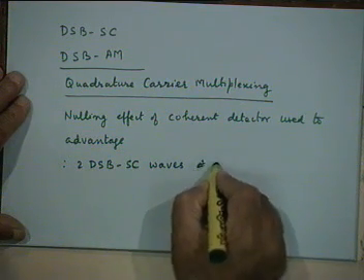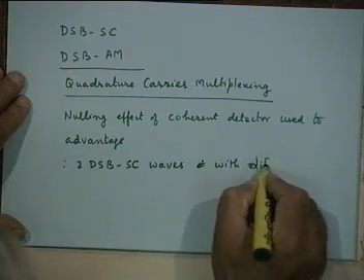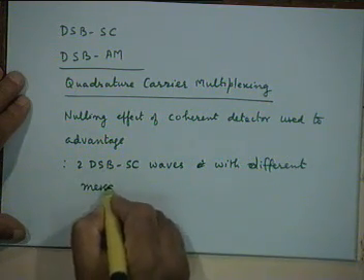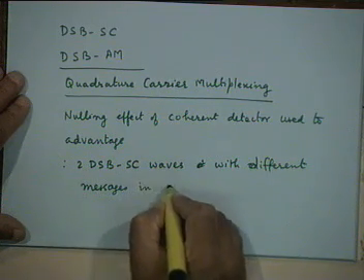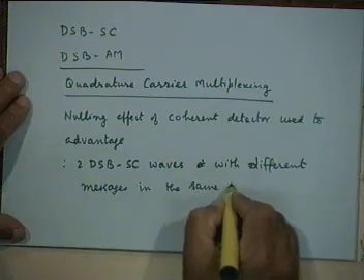So we have two DSBSC waves, carrying different messages. And both of them will be transmitted in the same bandwidth, isn't it?